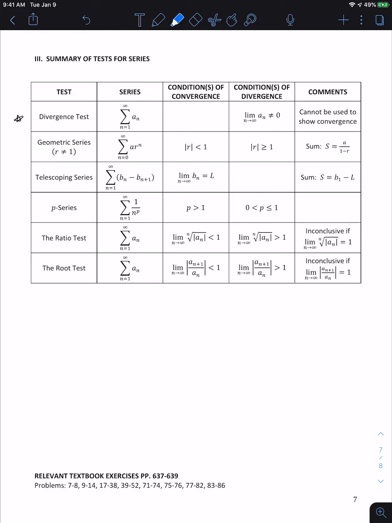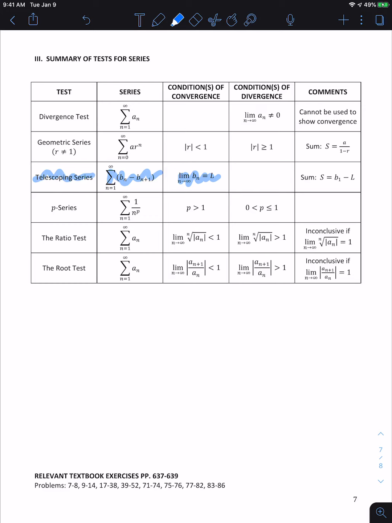Same thing for the telescoping series. In the telescoping series, remember it has this very specific form, and if it has that form, then we can determine whether it converges by looking at the limit. And if the limit does not exist, then we know that it diverges.